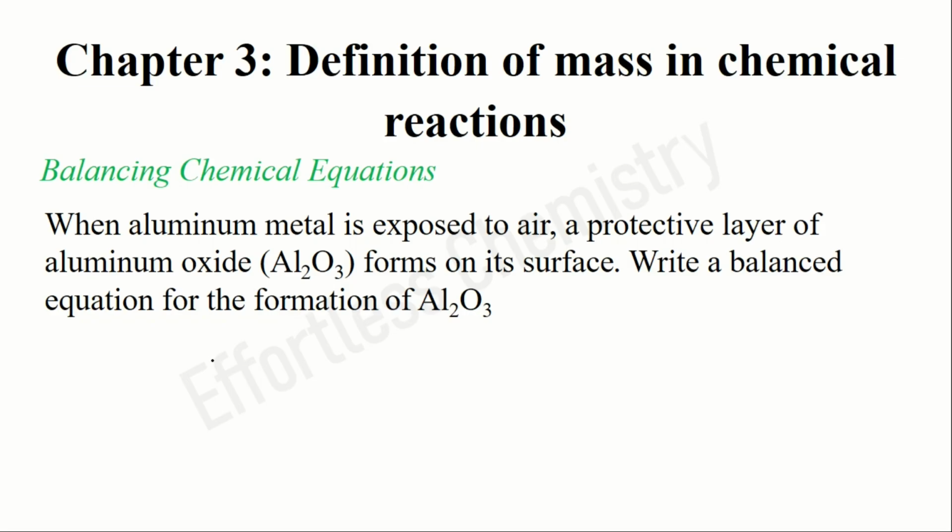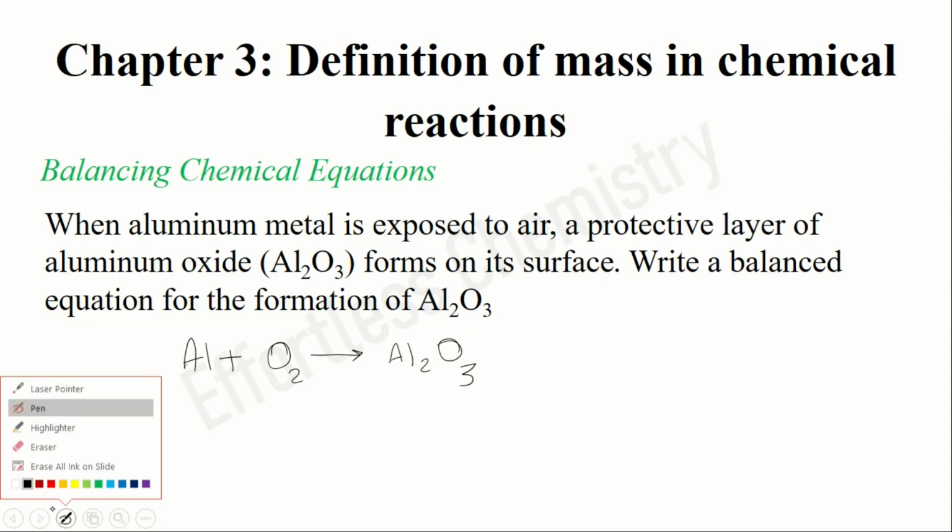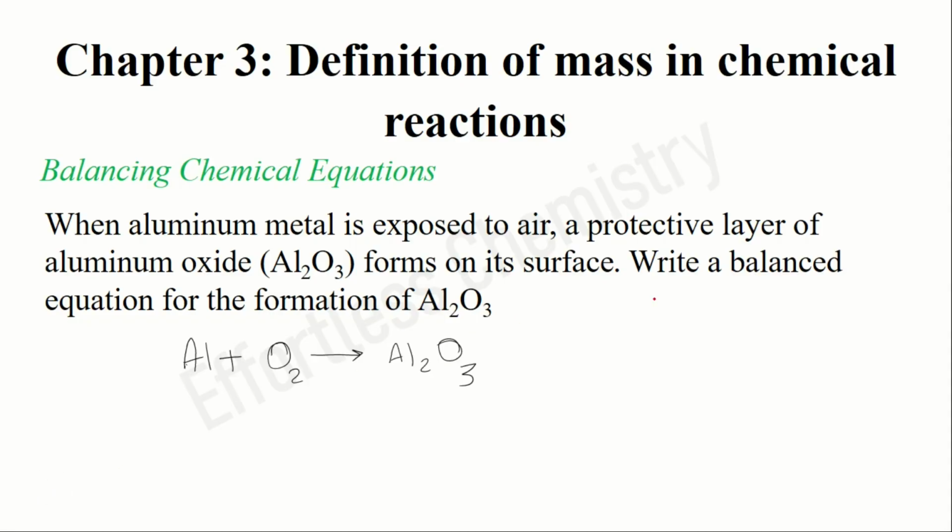From this question, I can extract: when aluminum reacts with oxygen, molecular oxygen, we can have the oxide of aluminum, which is called aluminum oxide, Al2O3.